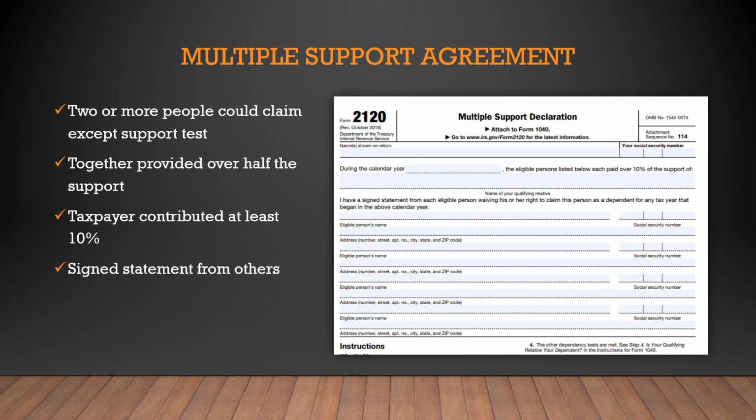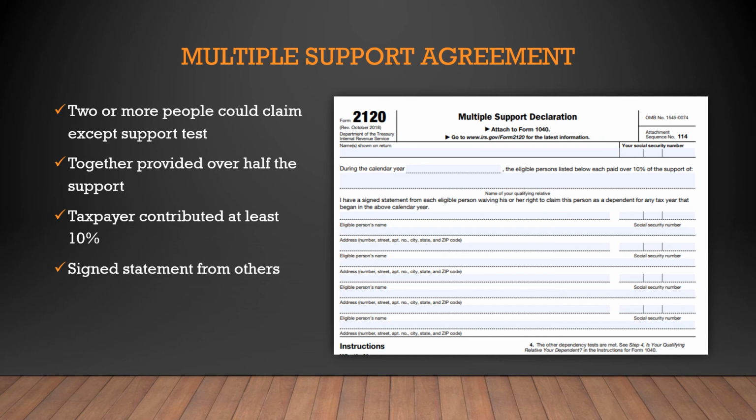In this case, two or more people could claim this person as a qualifying relative, except for the support test. So they pass the relationship test, and they pass the gross income test. It's just that support test.